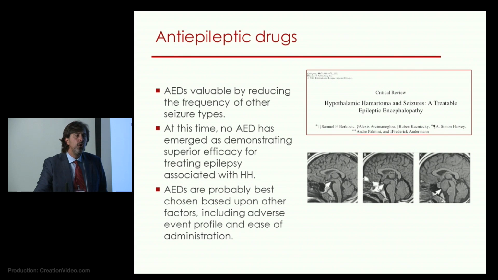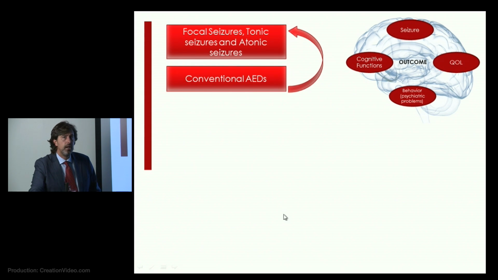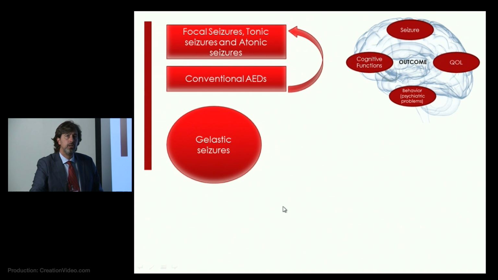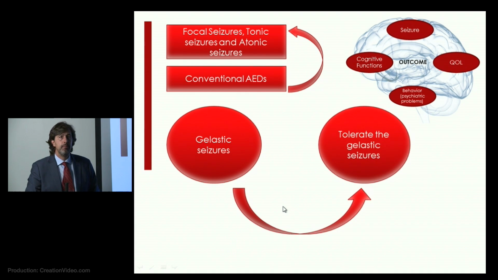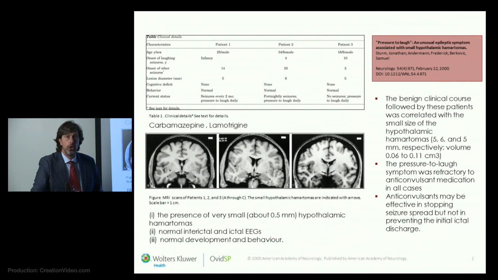But we don't know which is the best drug because there are no groups of patients published on that. What we for sure know is that conventional antiepileptic medications might help, but might not help on gelastic seizures, only on those other kinds of seizures. Therefore, we have to tolerate some gelastic seizures because antiepileptic medications are not useful.